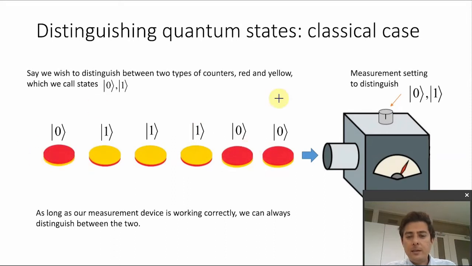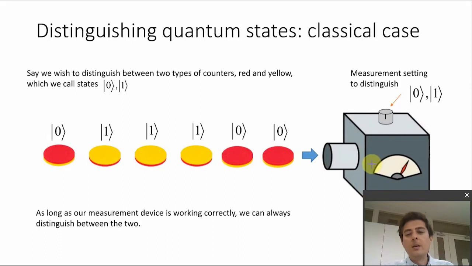So here's our setup. We've got counters streaming in from the left, and they are either red or yellow. We've got our box here, and the job of the box is to sort them into reds and yellows.